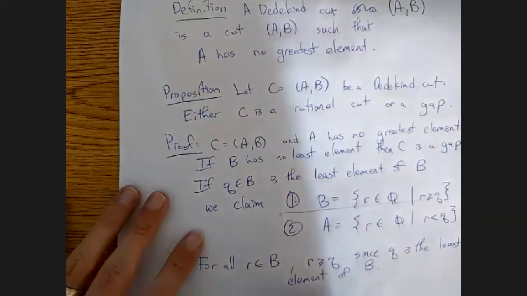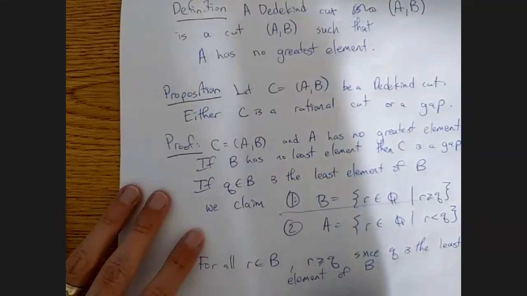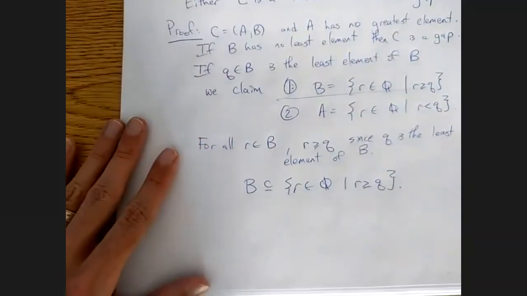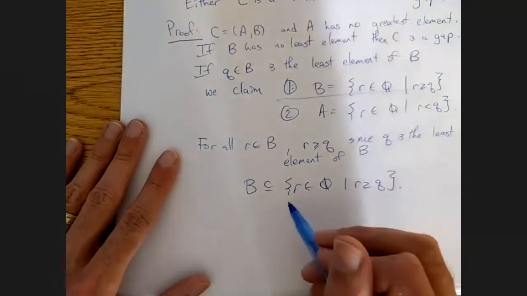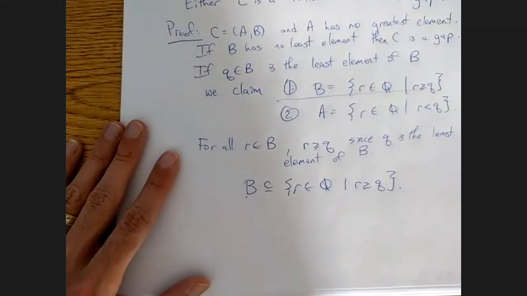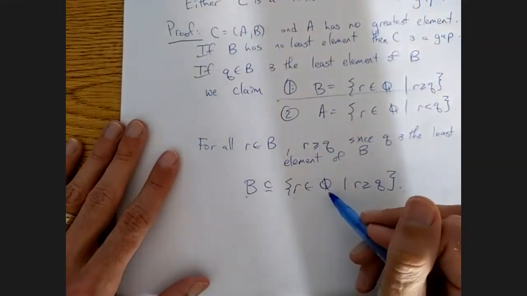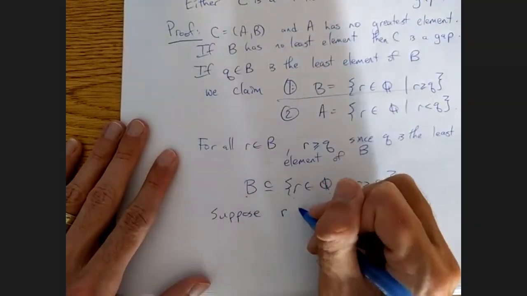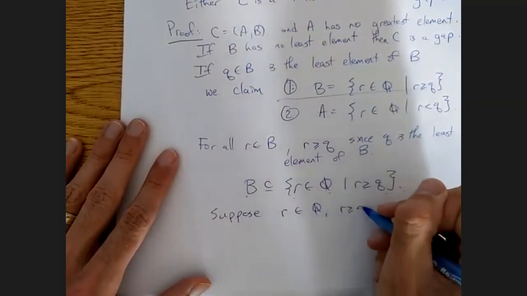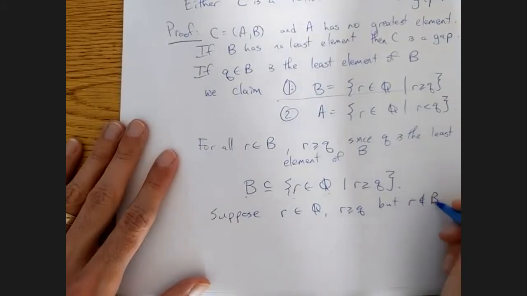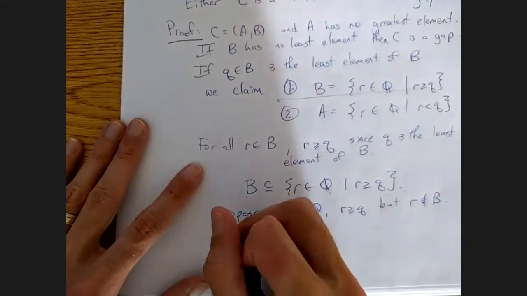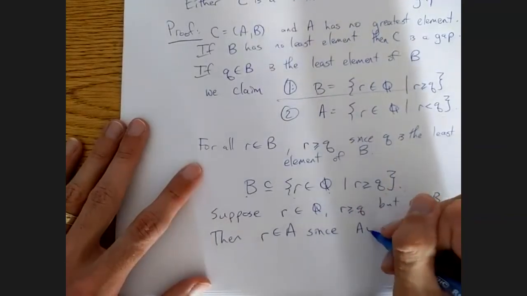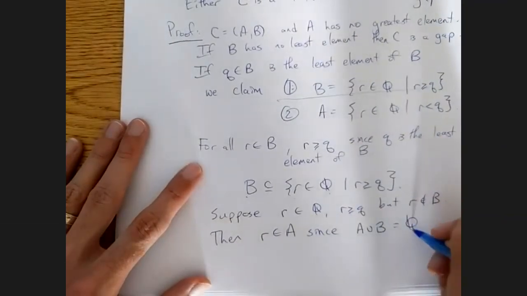Okay, so what that tells us is that B is a subset of this set. And we want to show these two sets are equal. Well, now suppose that we have some rational number R bigger than or equal to Q that's not in B. Then R is in A, since A union B is the rational numbers.